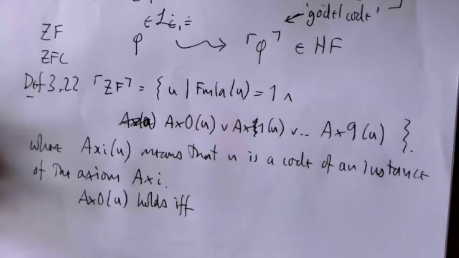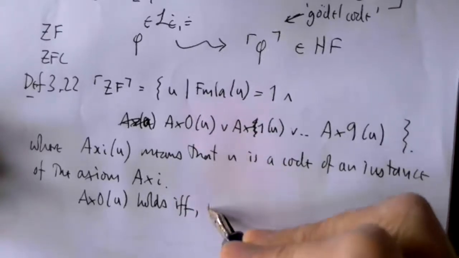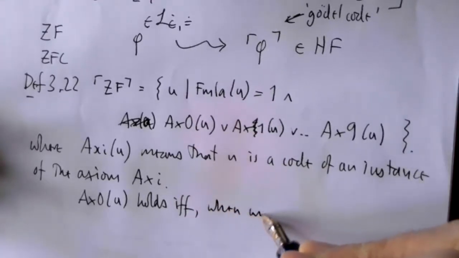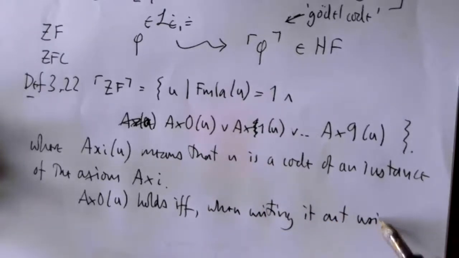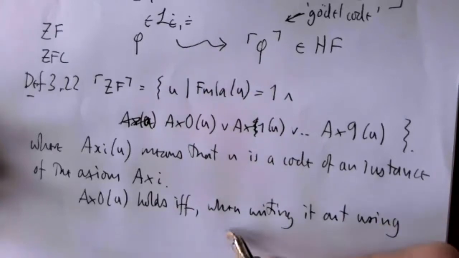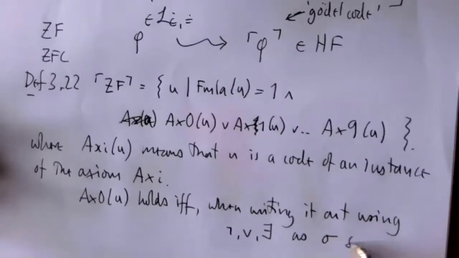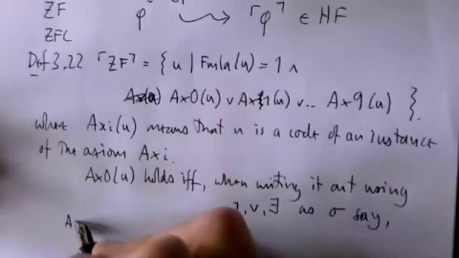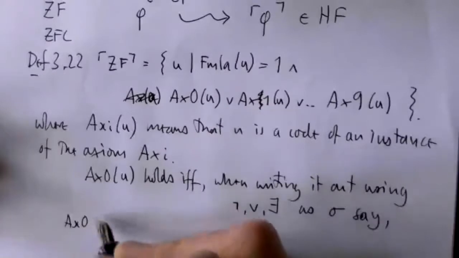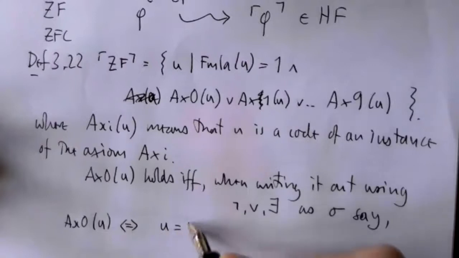is, there's one axiom of extensionality. So when we write it out in our official language, where we're only allowed to use not, or, and exists, as sigma say, then AX0 of U holds if and only if U is the code of sigma.